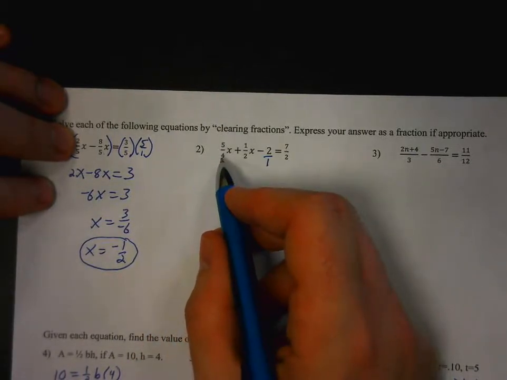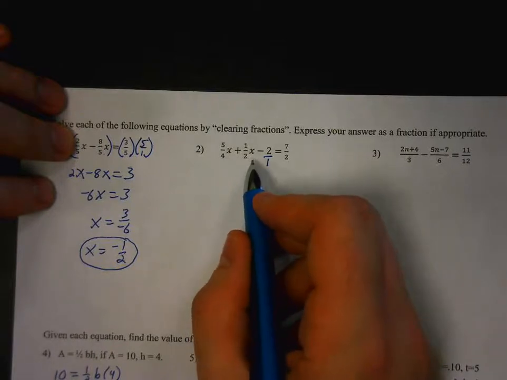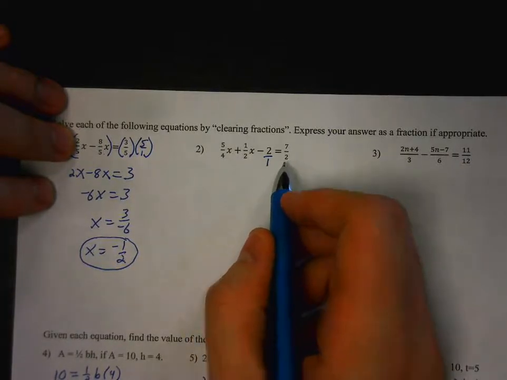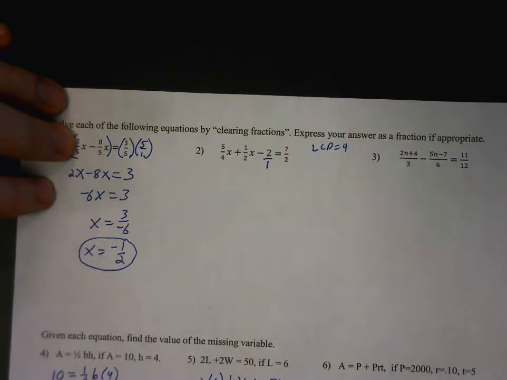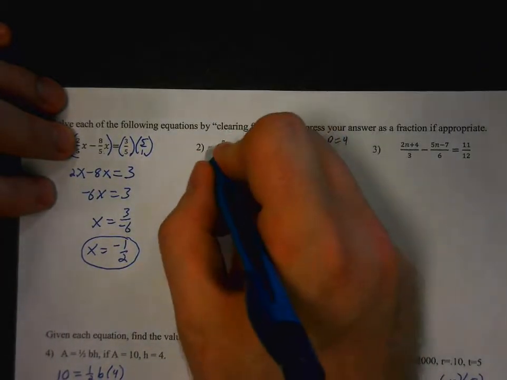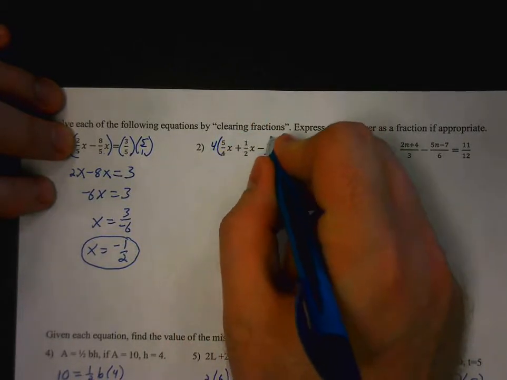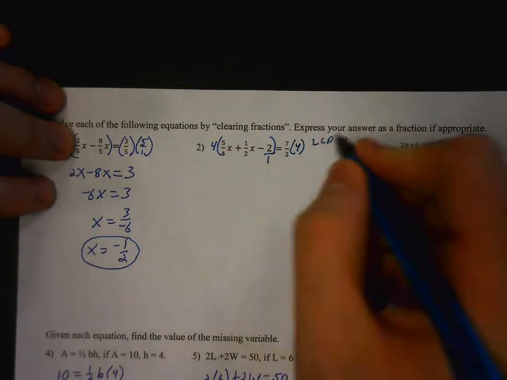Well, 4 goes into 4, 2 goes into 4, 1 goes into 4, and 2 goes into 4. Okay, so the LCD is 4. The least common denominator is 4. So what we can multiply each side, or every single term in the equation by, is 4.